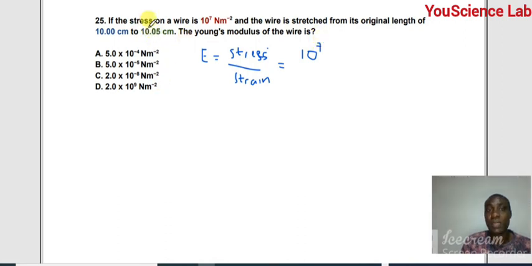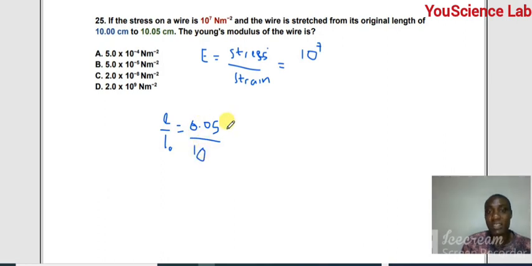The strain is extension over original length. Now the extension is 10.05 minus 10. That's going to give us 0.05, divided by the original length, which is 10.